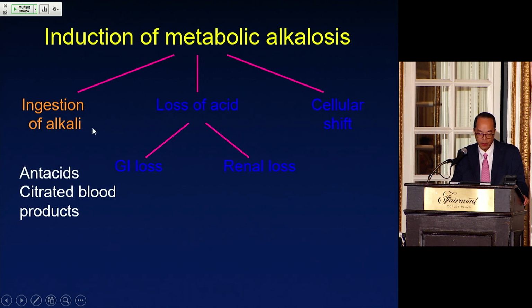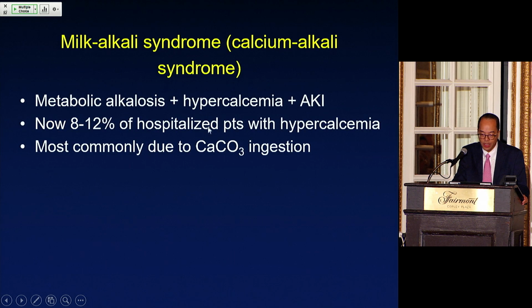So what alkalis can one get in? Antacids obviously have alkali in them, and then the other major source, not ingestion but infusion, would be blood products that have a lot of citrate in them, especially if you have massive transfusions.